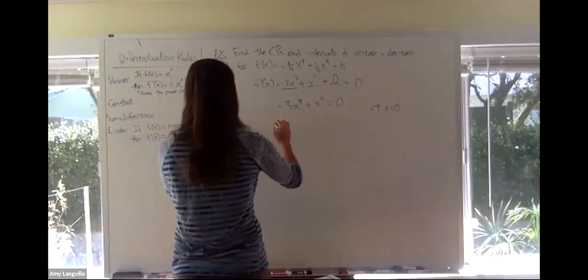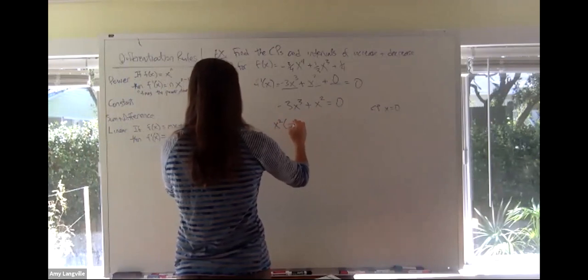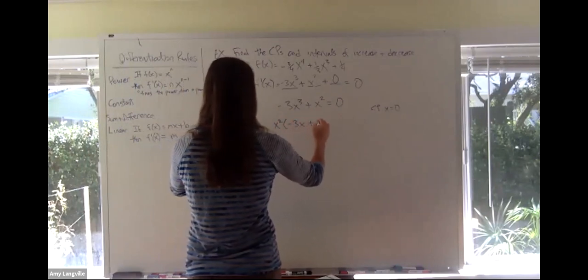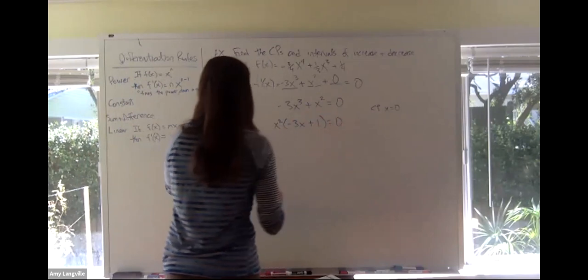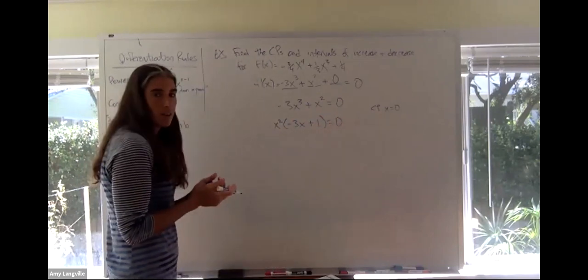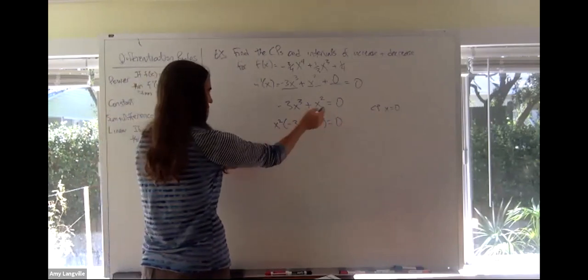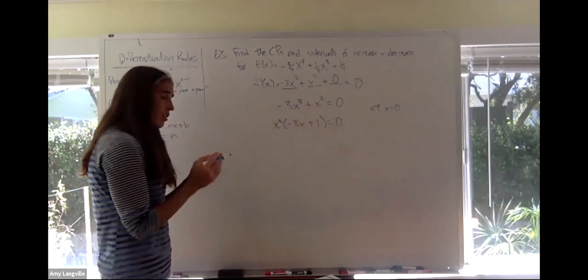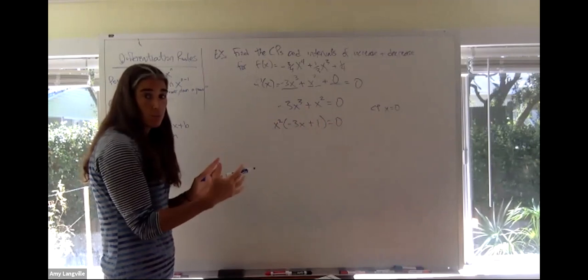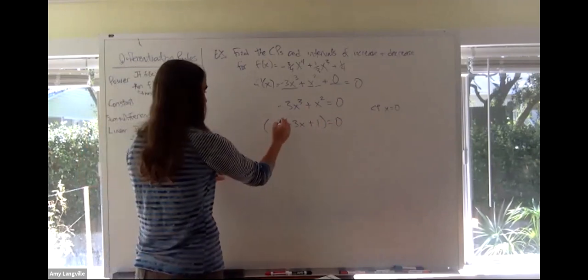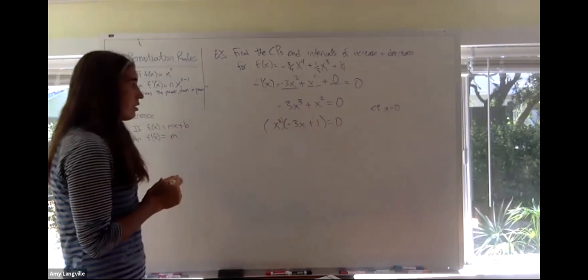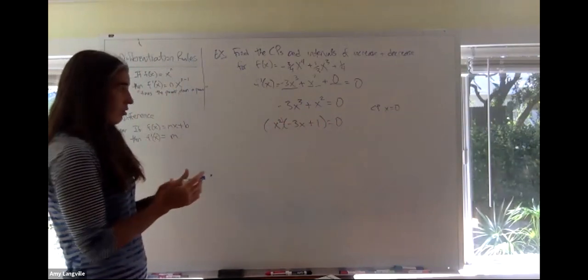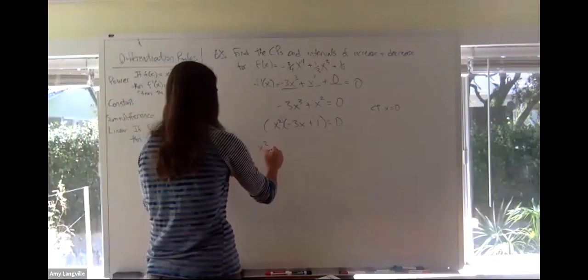In this case, I can factor out an x squared, and I'm left with minus 3x plus 1 equals 0. The whole point of factoring, again, you could check by distributing that you get the same thing, was that you can set each factor, and they're simpler factors, to 0. So I have x squared equals 0. So that's one equation to solve.